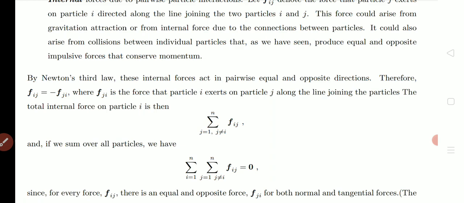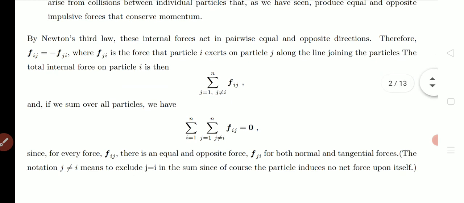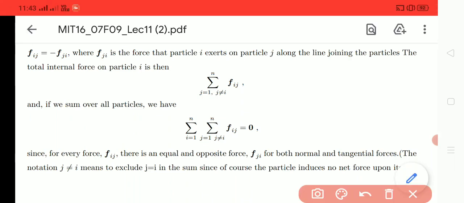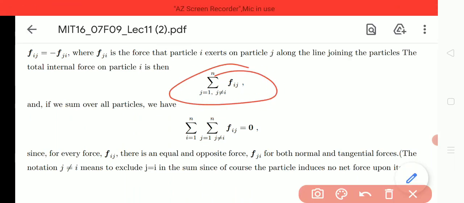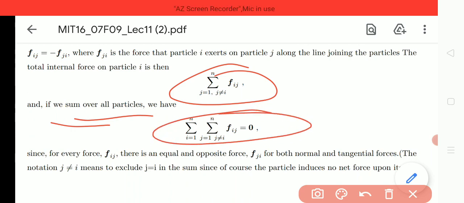The total internal force on particle i becomes summation j equals 1 to n, j not equal to i, of Fij. This will be the total internal force, and if we sum over all particles, we have summation i equals 1 to n and summation j equals 1 to n, j not equal to i, of Fij, which will be equal to 0.